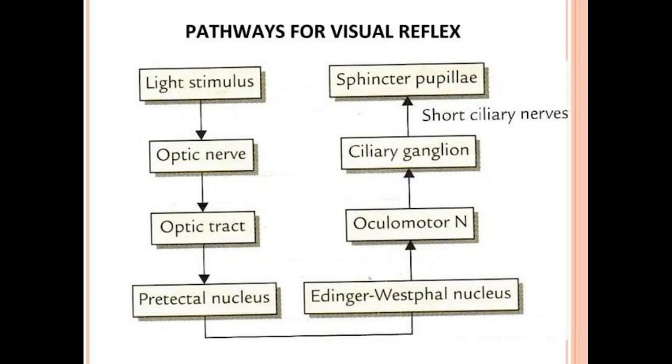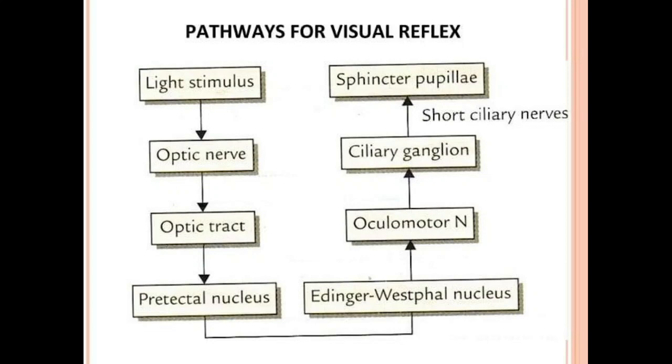Secondly, the information from the photoreceptor cells is transmitted via the optic nerve to the lateral geniculate nucleus in the thalamus. Thirdly, from the lateral geniculate nucleus, the information is transmitted to the primary visual cortex, V1, in the occipital lobe of the brain.